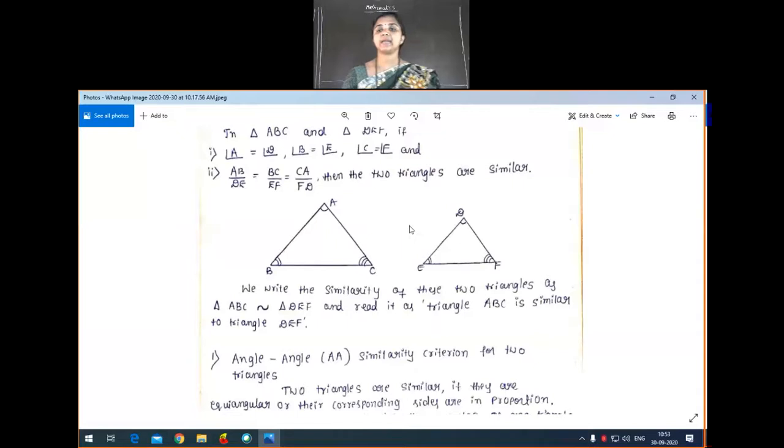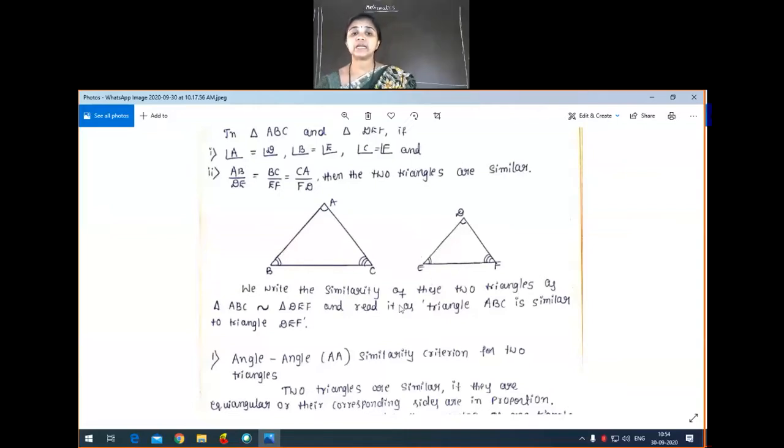Here in similarity, two corresponding sides of two triangles are in proportion and one included angle is equal, then we can say that according to SAS criterion of similarity, the two triangles are similar. See here, triangle ABC is similar to triangle DEF.